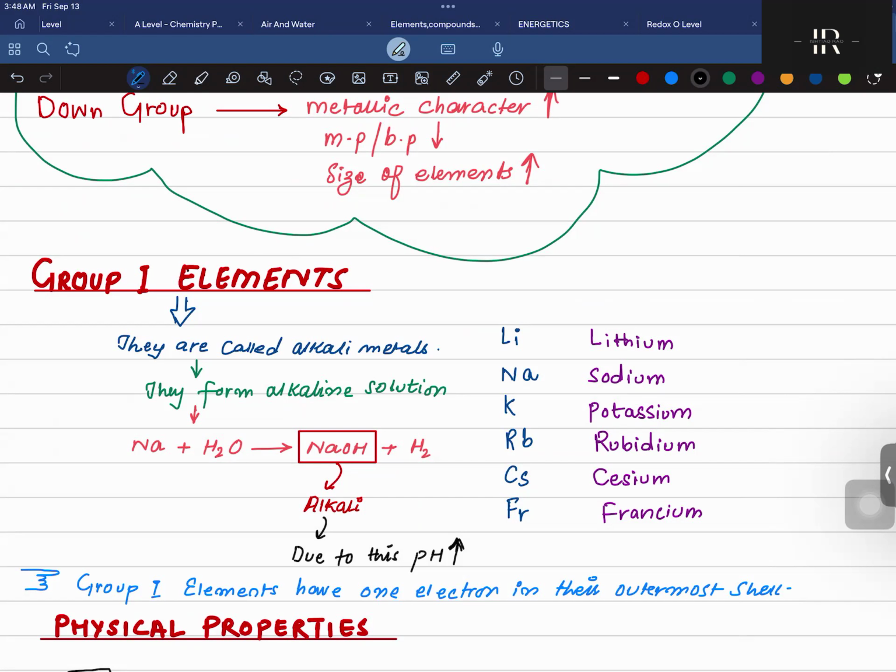Group 1 elements are the elements which are present in group 1. So they would be having only one outer electron, like lithium, sodium, potassium, rubidium, cesium. They would be having one valence electron.